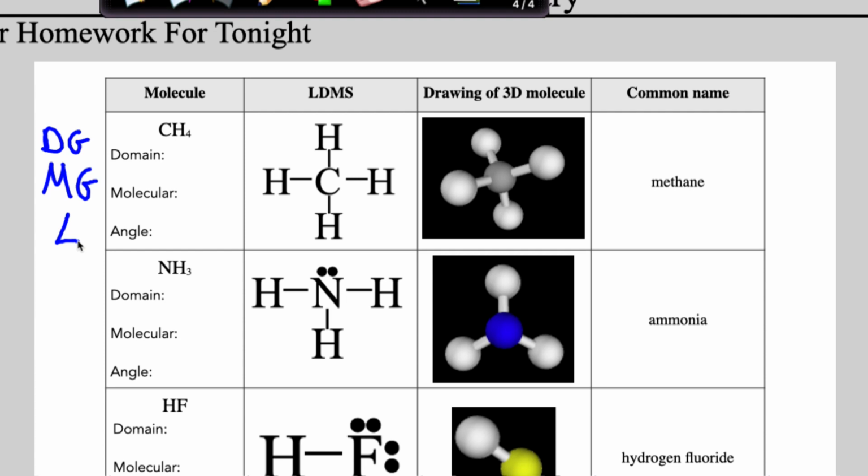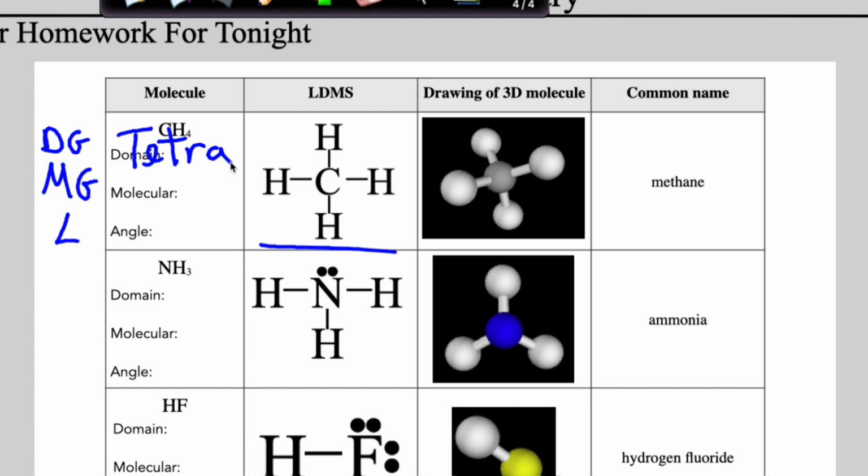And then you are going to look at the Lewis dot structure, and you're going to ask yourself this question. How many domains are on the carbon? 4. So what is the domain geometry? That would be tetrahedral, because looking at your top chart, and you're going to want your notes out while you do this, 4 domains is a tetrahedral domain geometry.